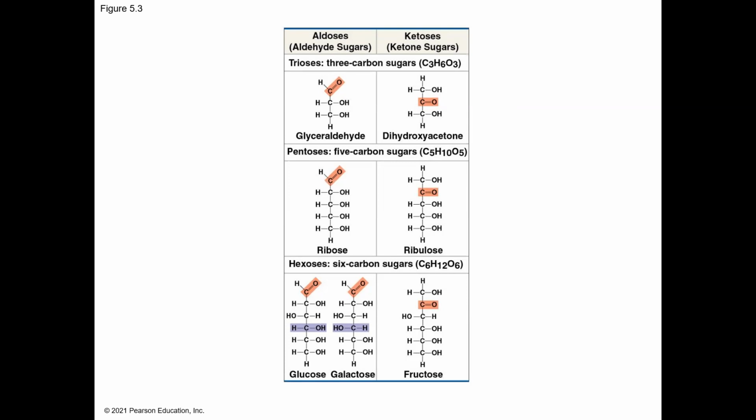You can have trioses, meaning you have 3 carbons, glyceraldehyde for example; a pentose, meaning you have 5 carbons, like ribose and ribulose, which is very important for DNA; or hexoses, the most common of which are glucose and fructose.